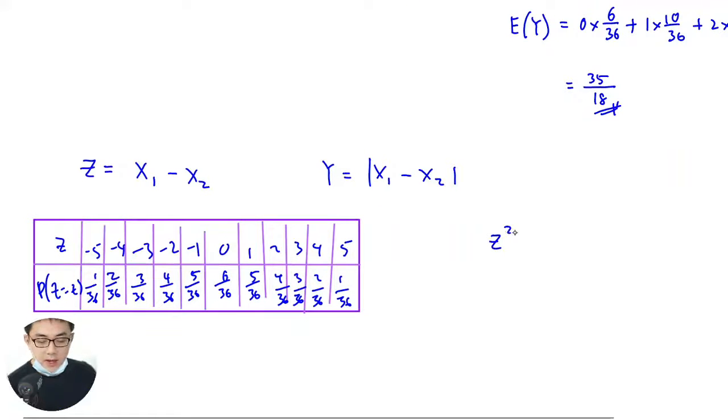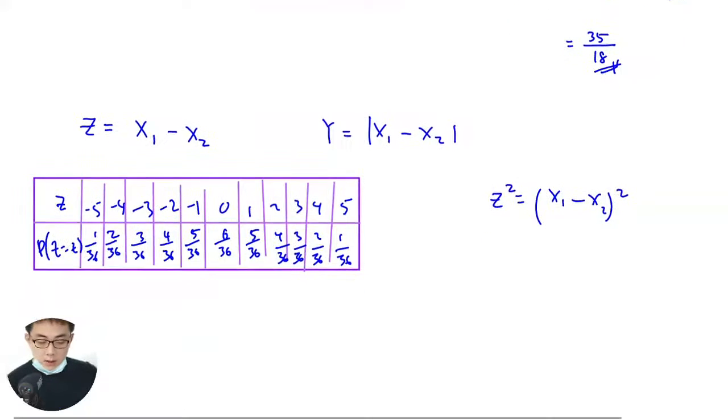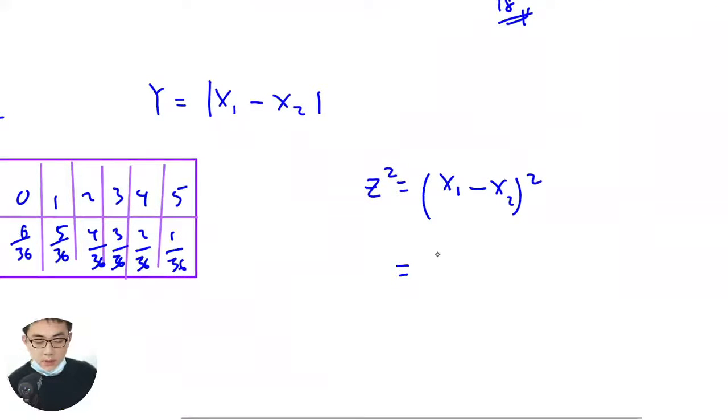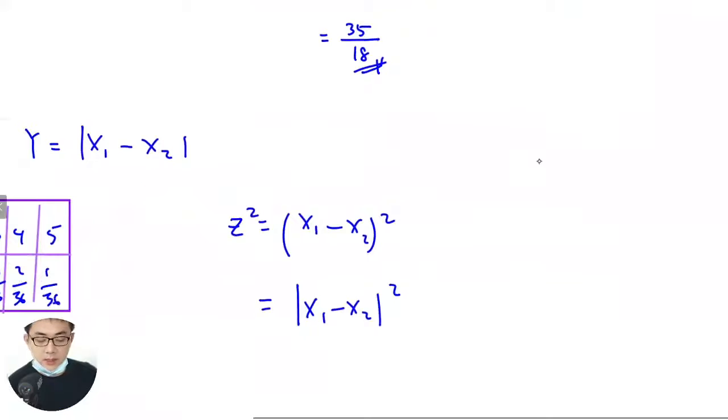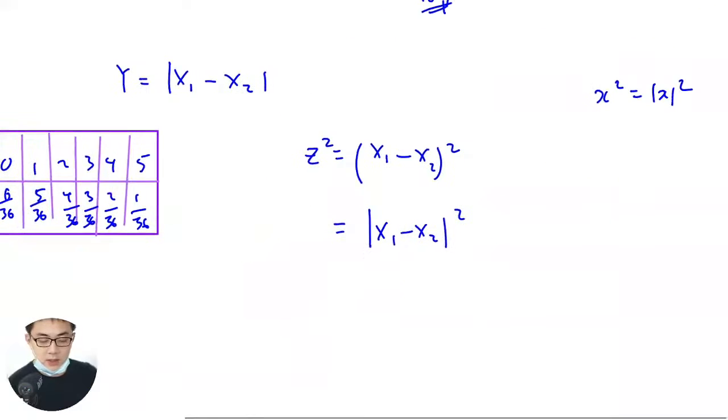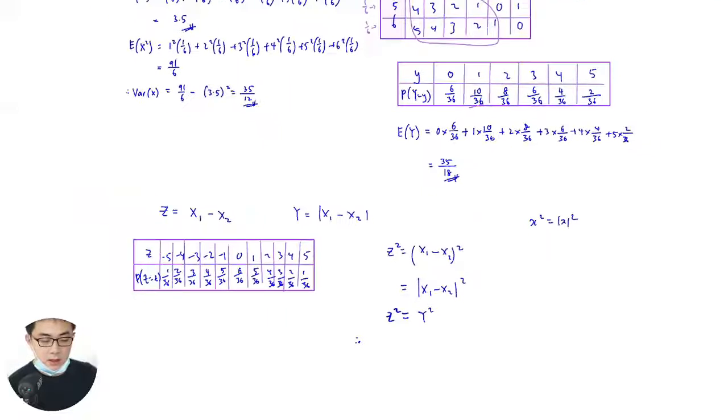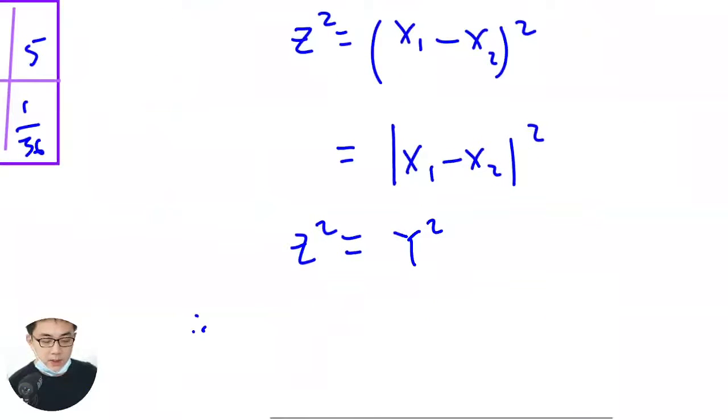Z squared will be (X1 minus X2) squared. And Y squared will be (modulus of X1 minus X2) squared. It's basically x squared equals mod x squared. When it is squared, you can just mod it. So in other words, this is just Y squared. So Z squared equals Y squared. Hence, the expectation of Z squared equals the expectation of Y squared.